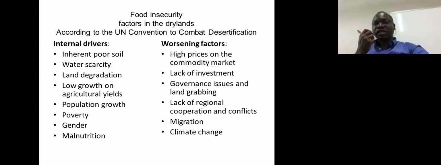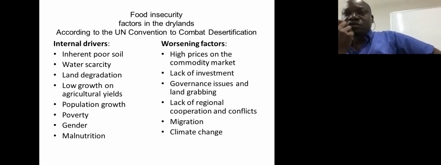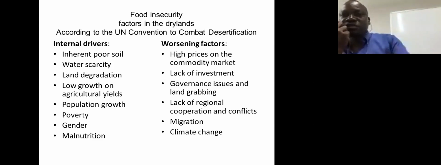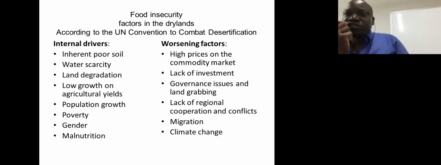We use only rain-fed agriculture. So once there's failure in the rainfall, the harvest cannot come, because we don't use irrigation. We don't have the facility to do cultivation during the dry season, and sometimes a short spell of rain causes overflooding because the rain is sometimes too much. We don't have technology like water harvesting to store water to be utilized during the off season, like the dry season.